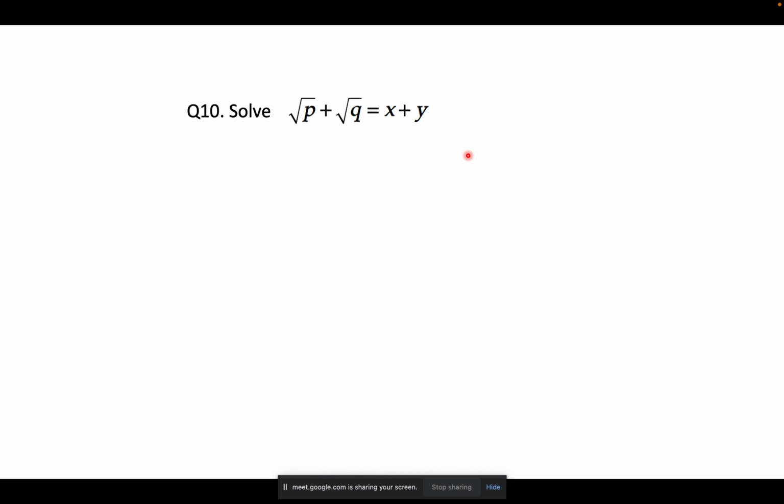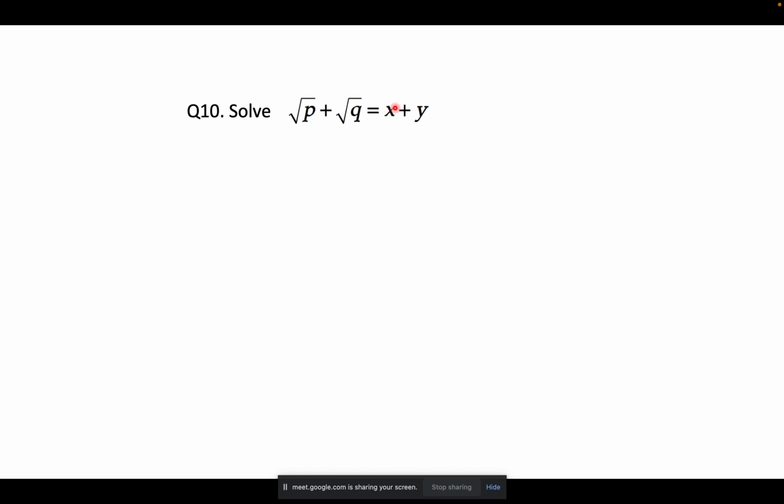Okay, now I will start with the last problem of this week's assignment. So again you have an equation which is root p plus root q is equal to x plus y, right? So again you see you have four functions here, p, q, x, y, right? So you will again call it the third standard form, right?